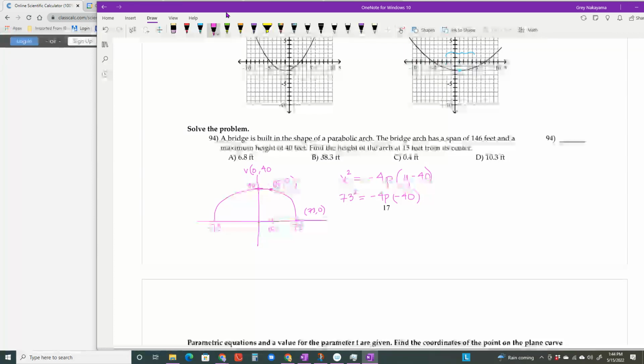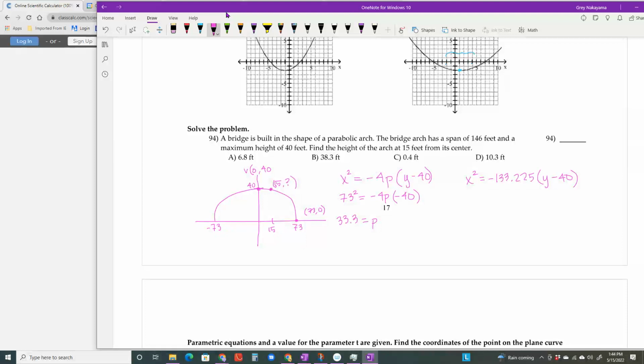When you solve that equation, you get that p is equal to 33.3. So I'm going to go back here. X squared equals, when I multiply that by 4, I get negative 133.225. So this is the equation of my parabola.